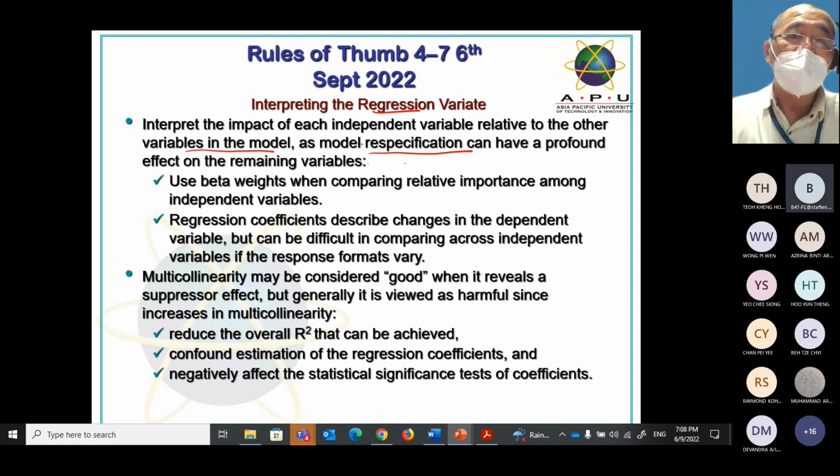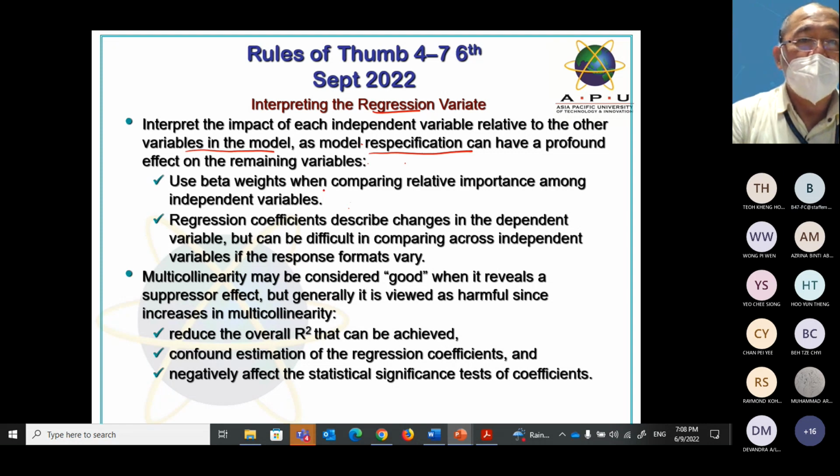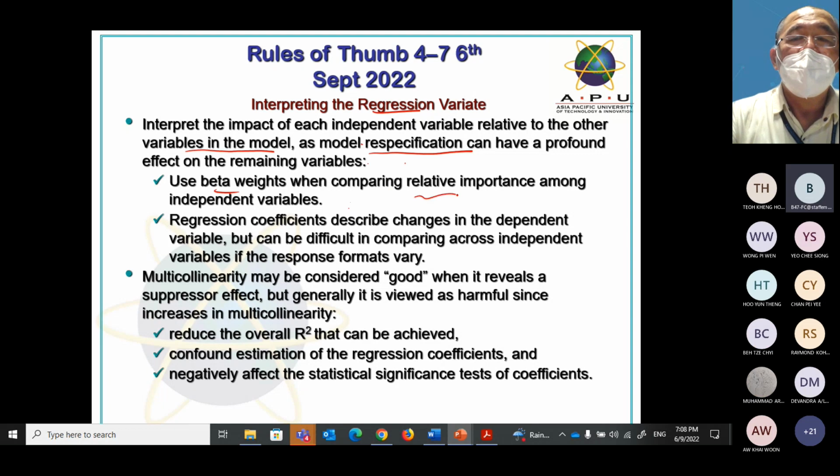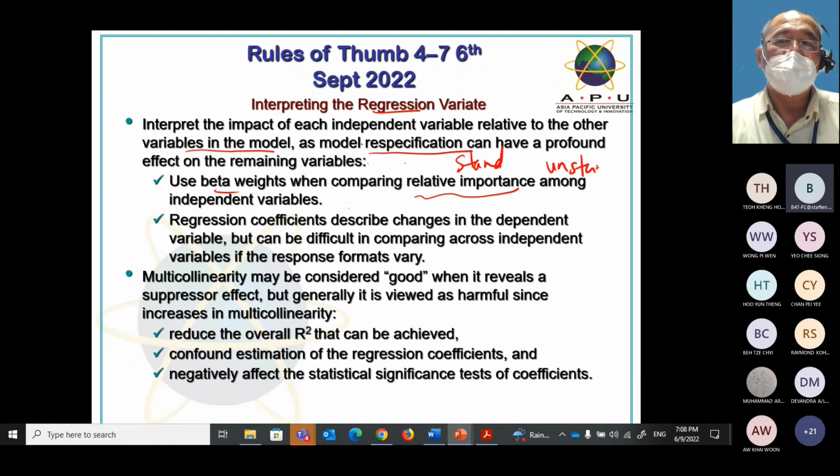Then we see the difference between the betas. Therefore be careful, there are two betas: one is standardized, one is unstandardized, which one student also asked me in the class previously.